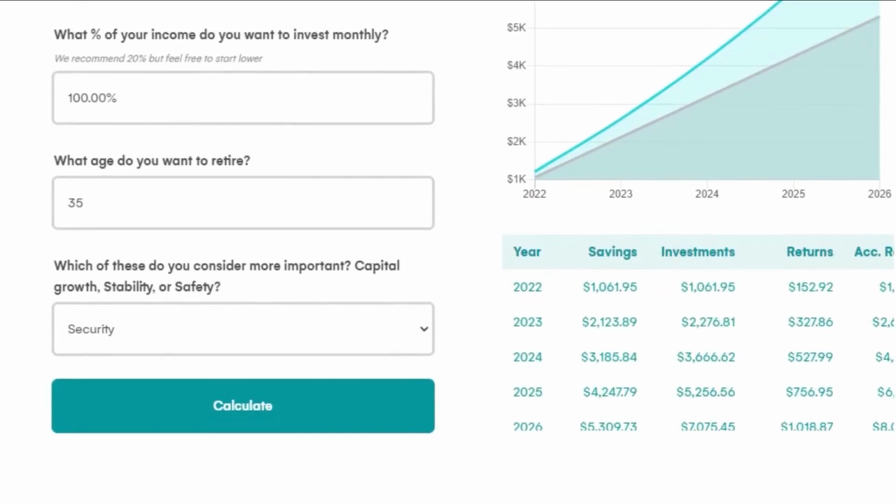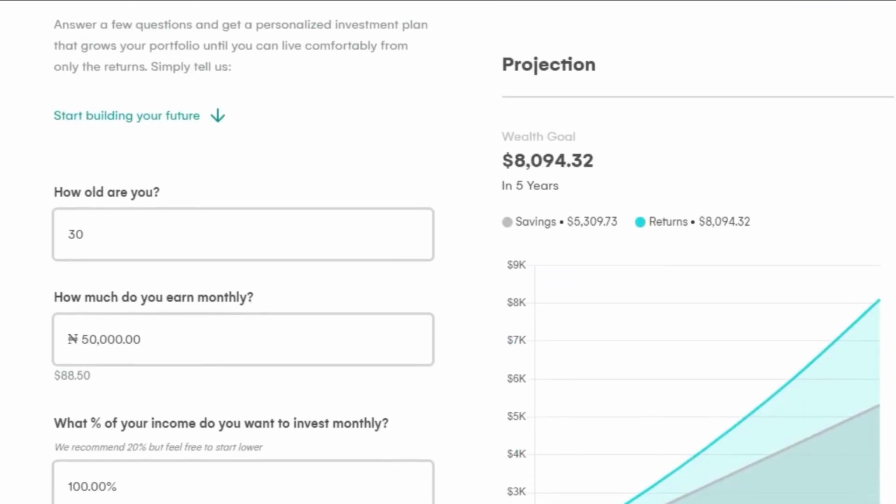In 1 month's time, you're depositing $88. In 1 year's time, you'll be earning $152 additional to your $88.50. Then in 2 years' time, you'll be earning $327 additional to your $88.50. It goes on and on until you reach that 5 years.